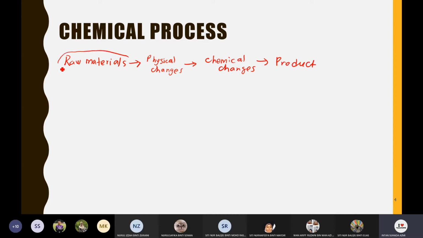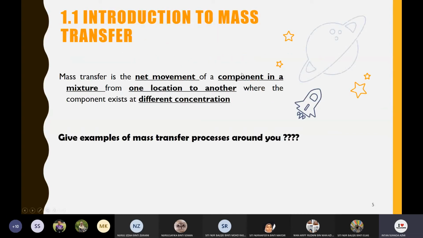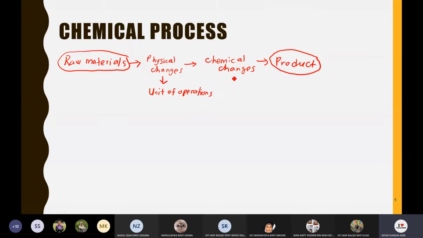From raw material you get your product, but your raw material has to undergo physical changes and also chemical changes. For physical changes, there is unit operations. For the chemical changes, there will be unit process.